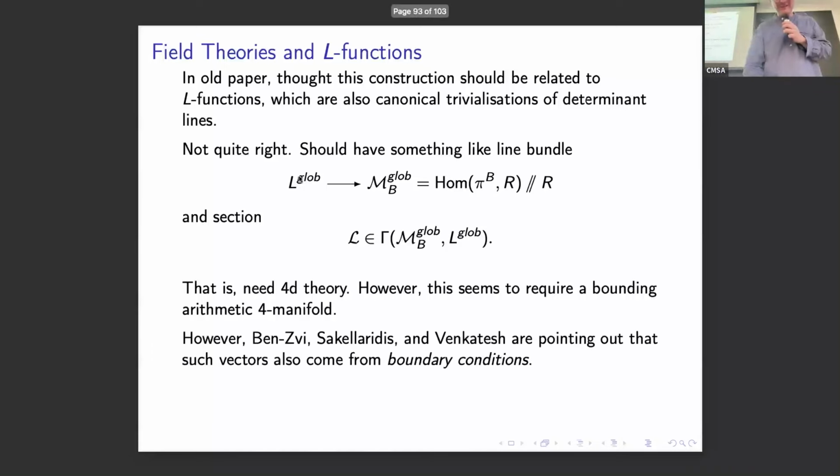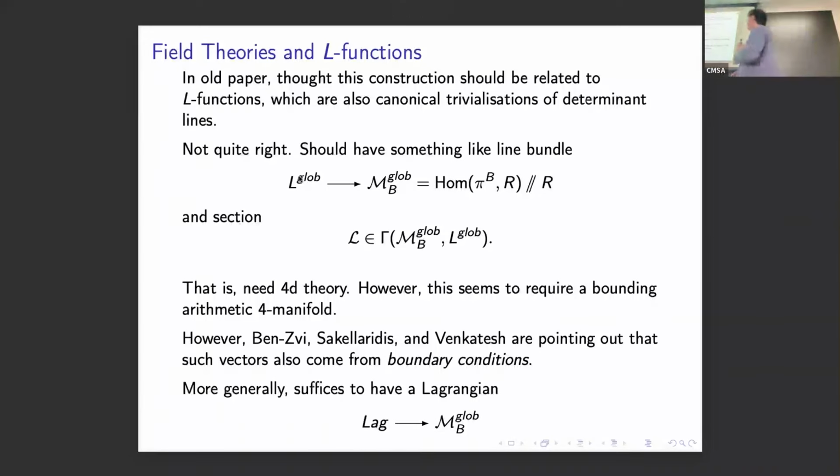But then David and Yanis and Akshay pointed out that in fact, you don't need an arithmetic four-manifold. You just need boundary. The space of boundary conditions is enough to detect. In fact, slightly more generally, wherever the Lagrangian comes from, if you have a Lagrangian structure on suitable moduli spaces, then from the point of view of getting Lagrangians inside spaces of fields, there's no difference between having a manifold and having boundary conditions.